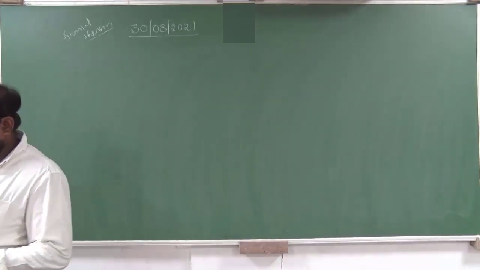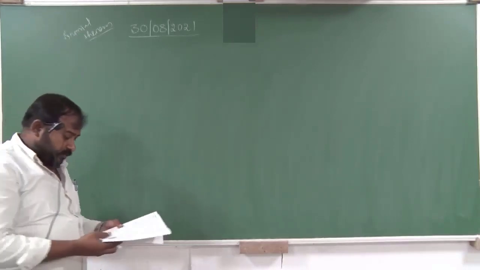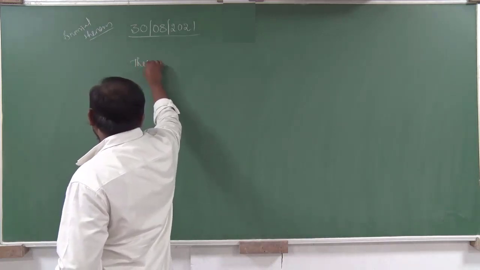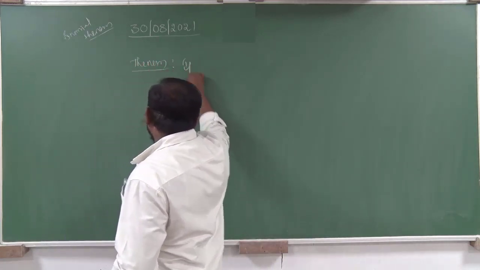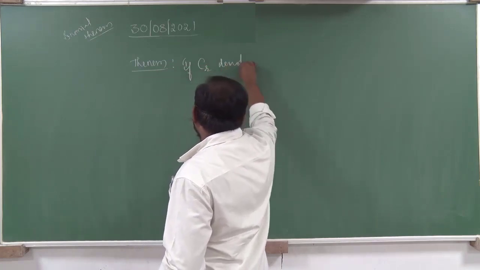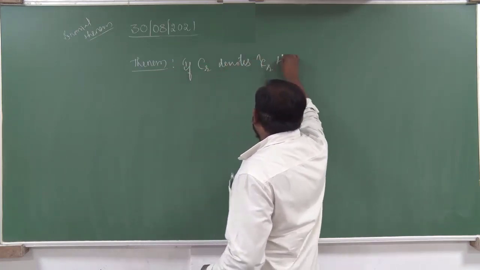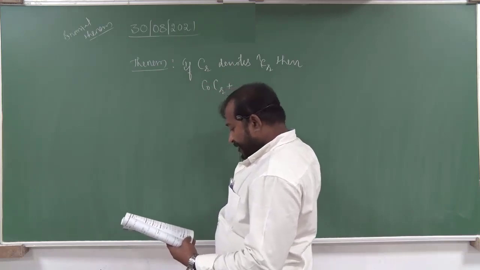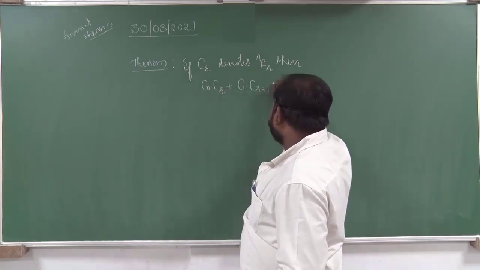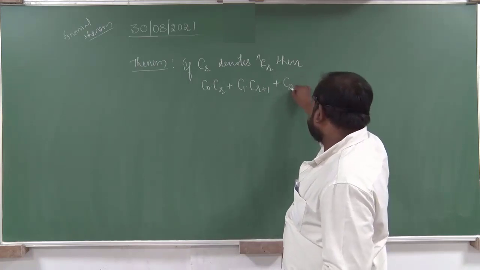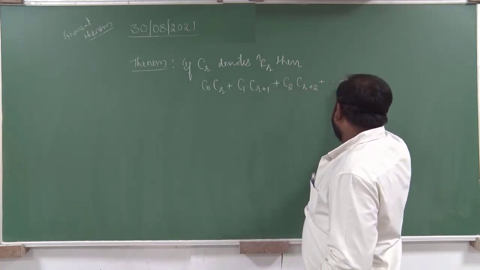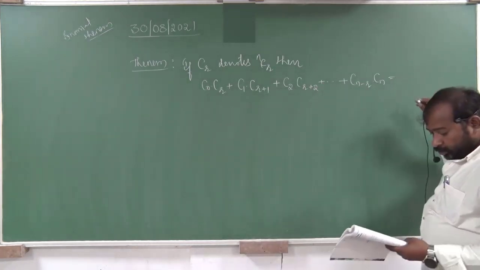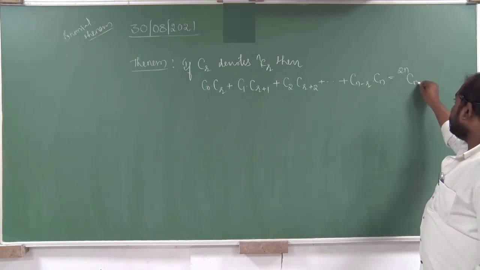Next one example I will give. You can try to finish it. Okay. So here it is. If Cr denotes nCr, then C0 into Cr plus C1 into Cr plus 1 plus C2 into Cr plus 2 plus and so on plus Cn minus r into Cn is equal to 2n C n plus r.